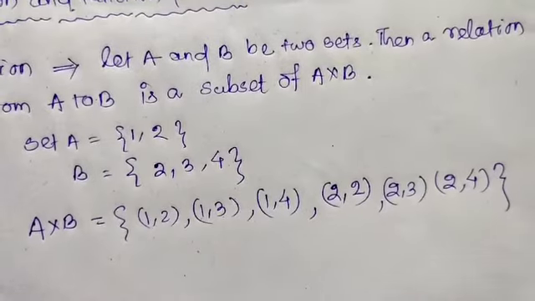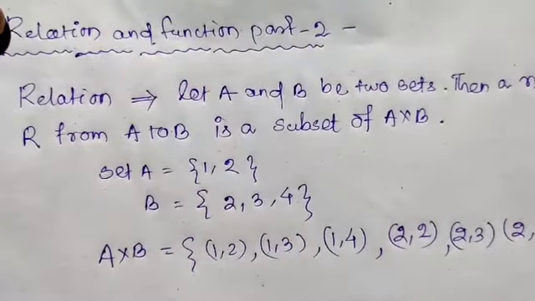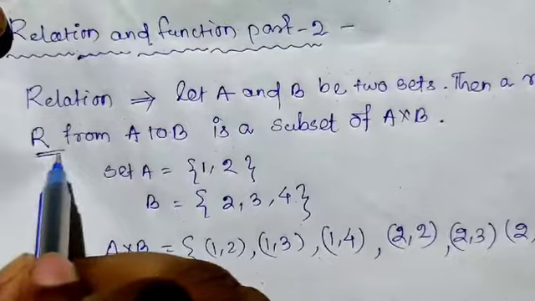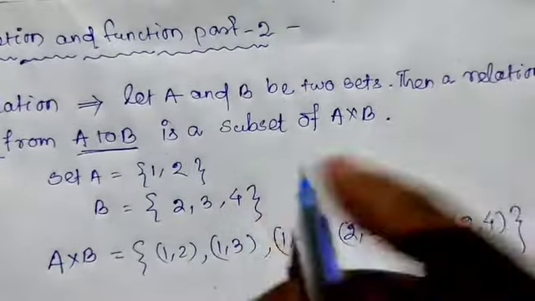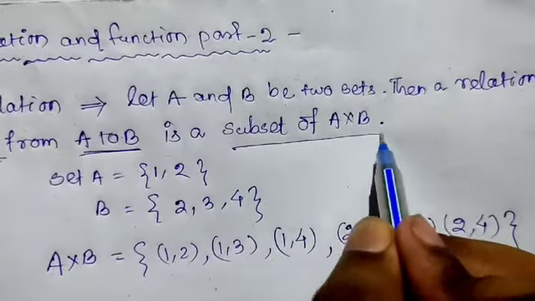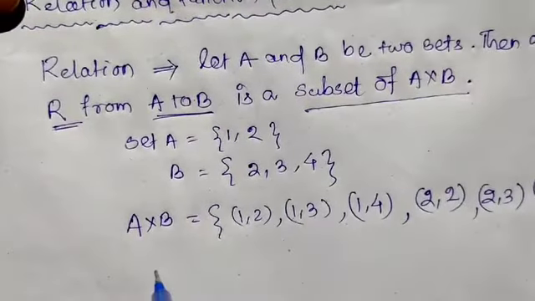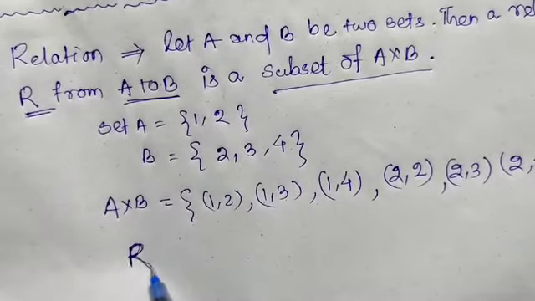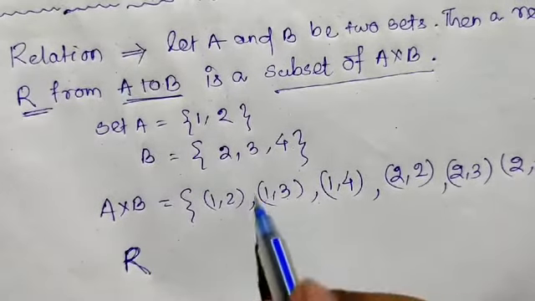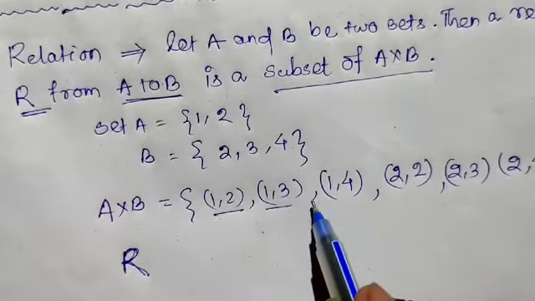So here the definition says R is a relation from A to B, which is a subset of A cross B. Means R is a set which consists of ordered pairs.